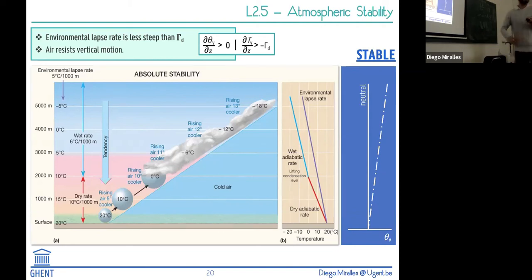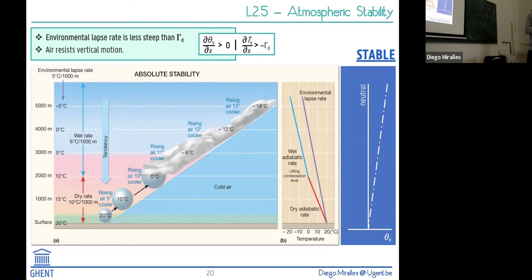Now, if what we find is this, so that the temperature is higher. This is the environmental temperature, the actual temperature change with height. If the actual temperature change with height implies that the atmosphere is warmer in virtual potential temperature terms as we move out, the atmosphere is stable, because the air parcel that moves up follows this vertical line, the dry adiabatic lapse rate of constant virtual potential temperature.